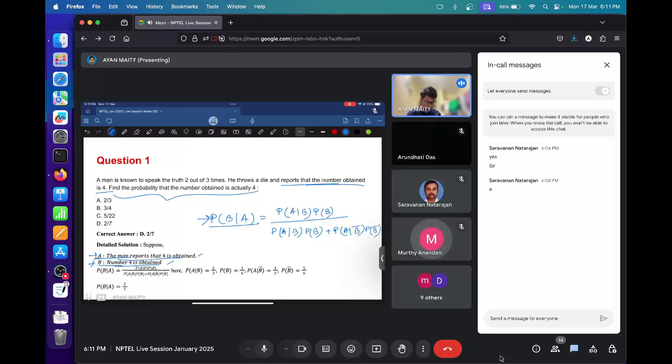Now we have to compute values for probability of A given B, probability of B, probability of A given B complement, and probability of B complement.